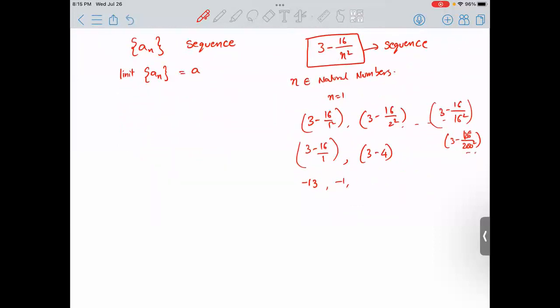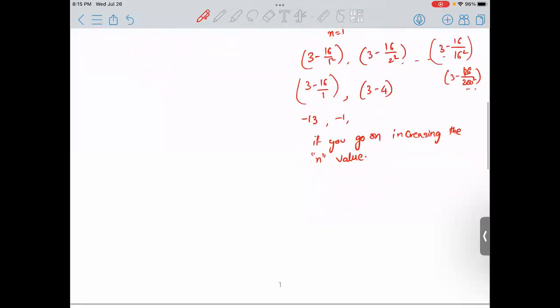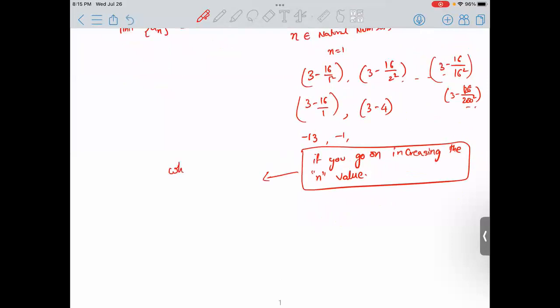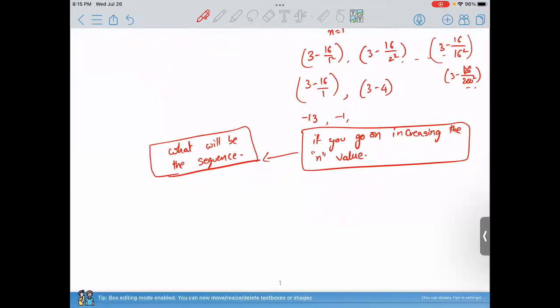If you go on increasing the n value, can you tell what you will achieve? What will the sequence be? Suppose we take 3 minus 16 by 200 square. What is the answer?